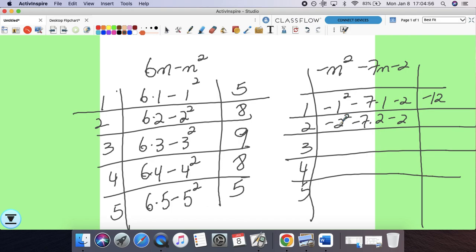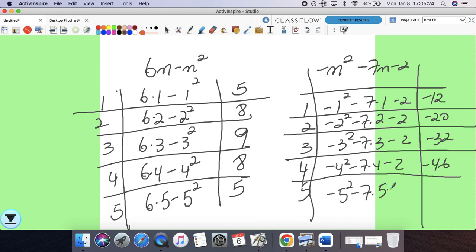This is going to give me negative 12, then negative 18, negative 20, negative 46, and finally negative 62. All right, there's your first 5 terms.